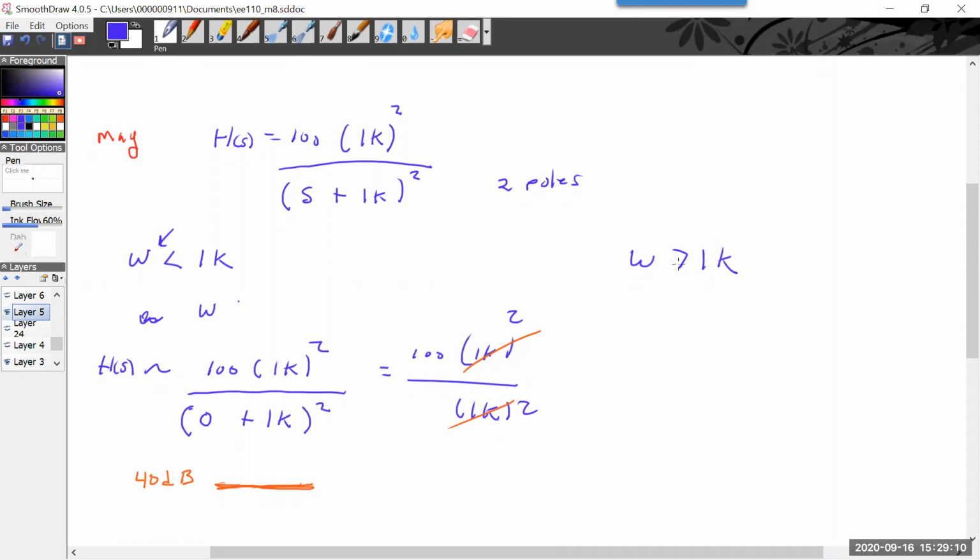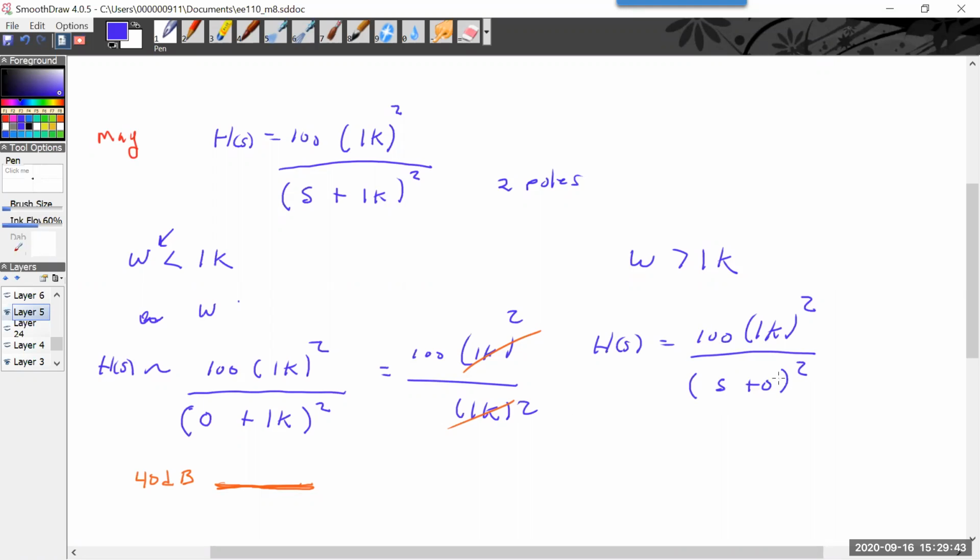All right. Now, when omega is greater than 1K, H_S can be approximated by, and the numerator, yeah, in this example, the numerator is always real, it never changes, right? But now we have S plus 0. Since S is so much bigger than 1K, it's effectively 0, right?